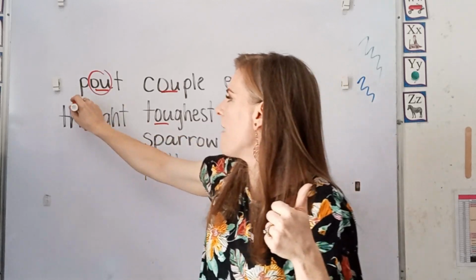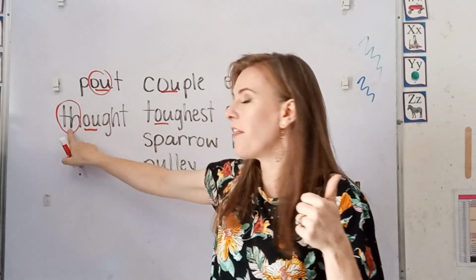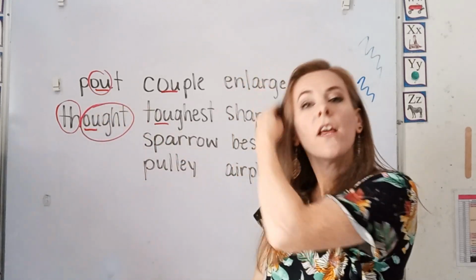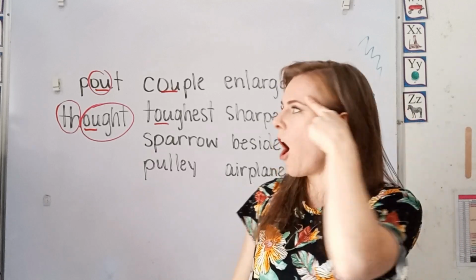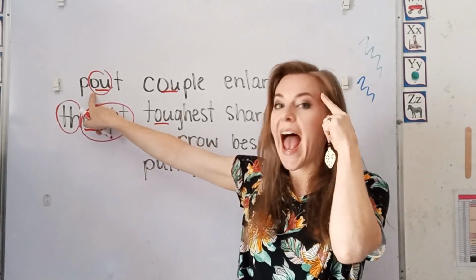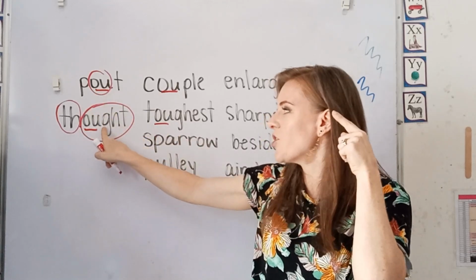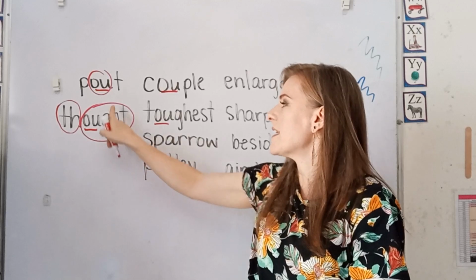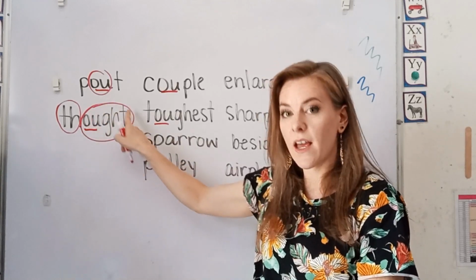Here we have the th in thick and the ought in thought, okay? So even though you have the O-U here, it doesn't say ow. Because you have the G-H-T with the O-U, it says ought.